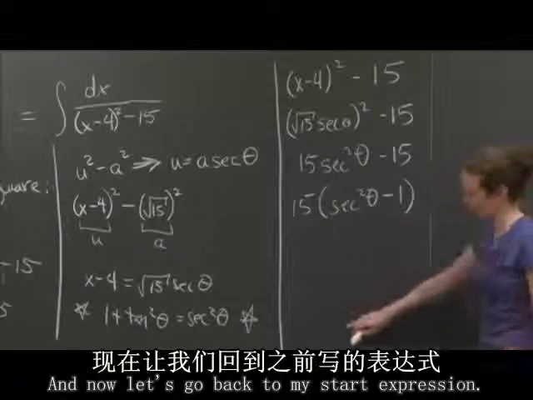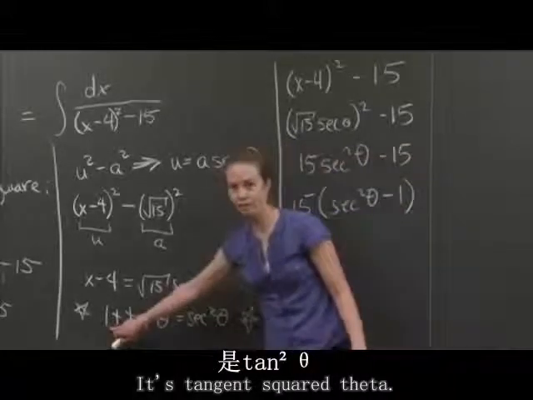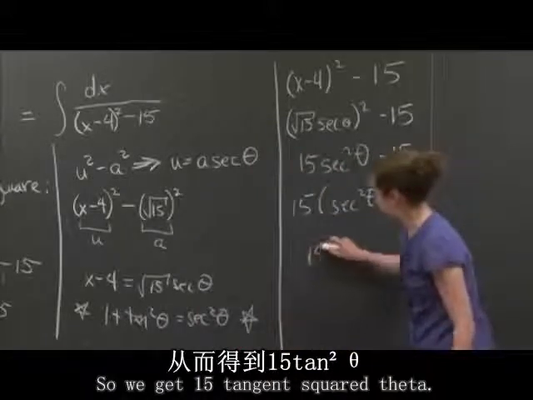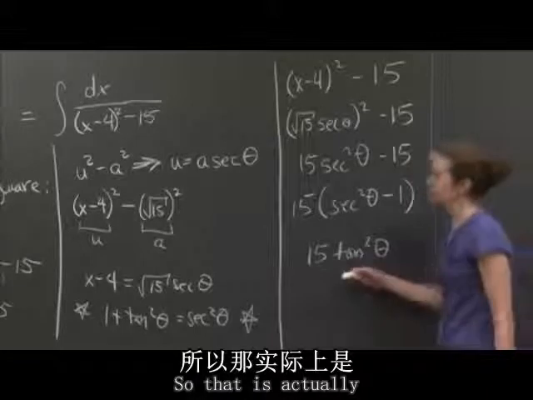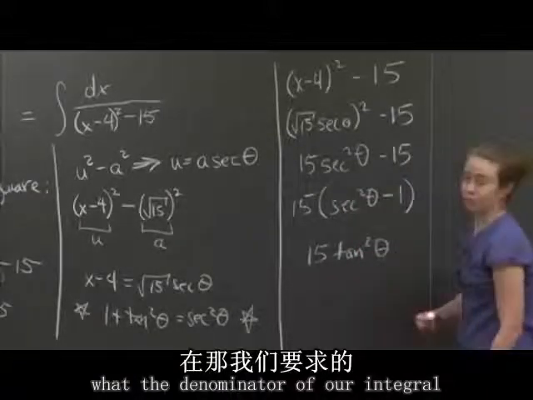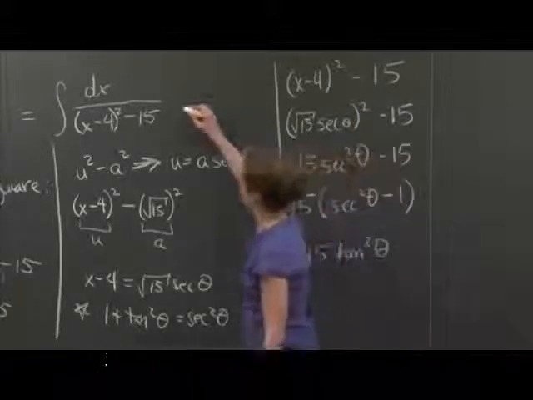And now let's go back to my start expression. What is secant squared theta minus 1? It's tangent squared theta. So we get 15 tangent squared theta. So that is actually what the denominator of our integral is going to be over there. So I'm going to come in and put that part.